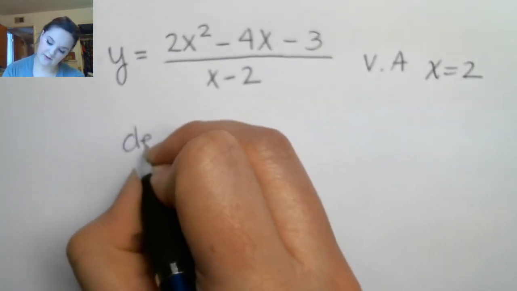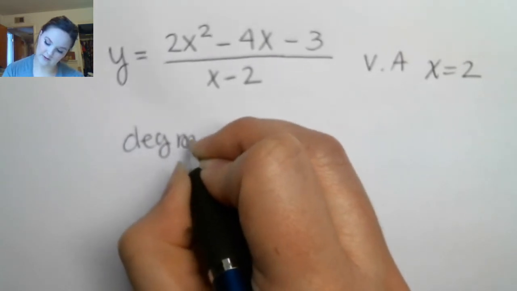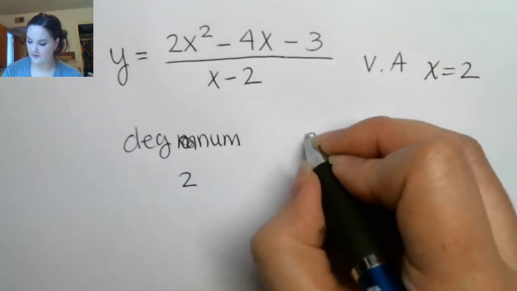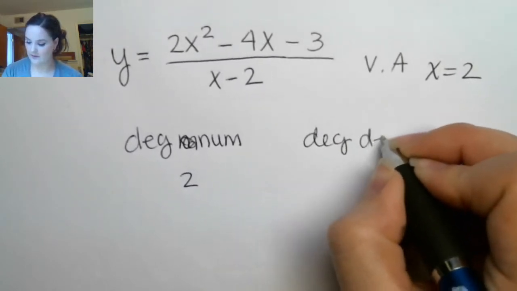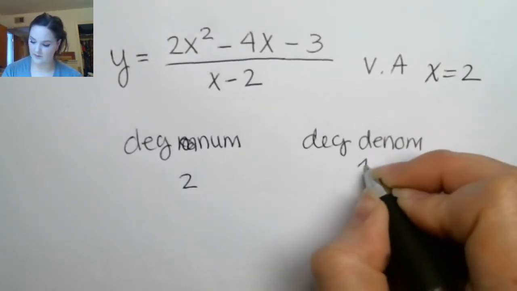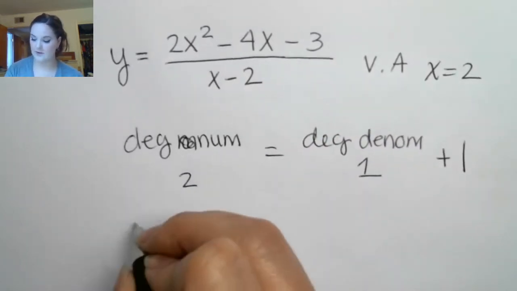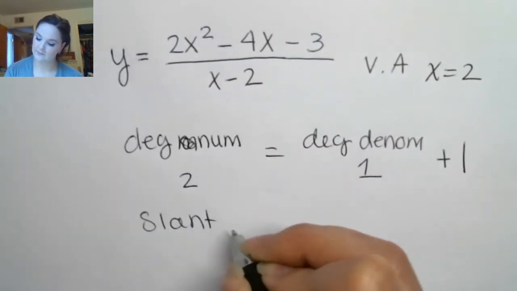The degree of our numerator is 2. The degree of the denominator is 1. So this is equal to that plus 1, which means we have a slant asymptote.